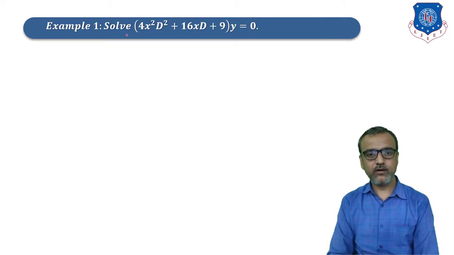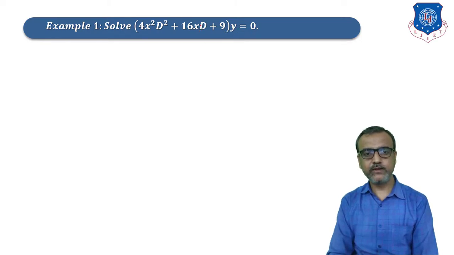Example number 1, solve 4x square d square y plus 16x dy plus 9y equals to 0. Now you can see that with single derivative we have been given x, and with double derivative we have been given x square. So this differential equation is Euler-Cauchy differential equation.